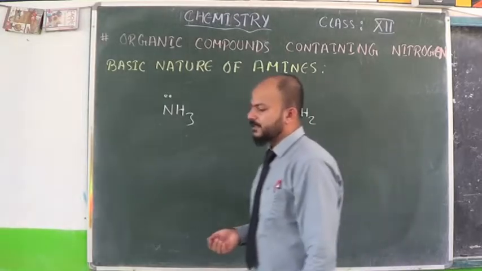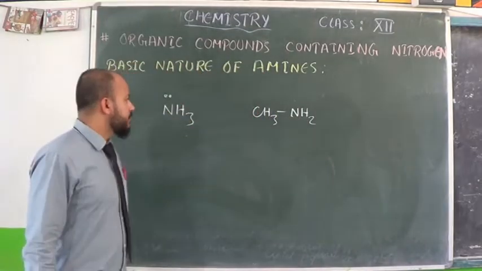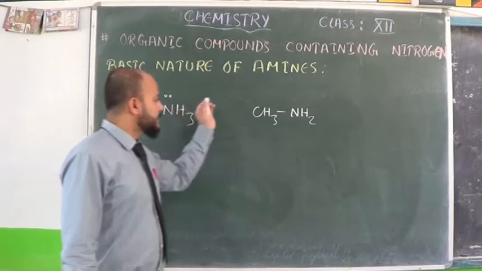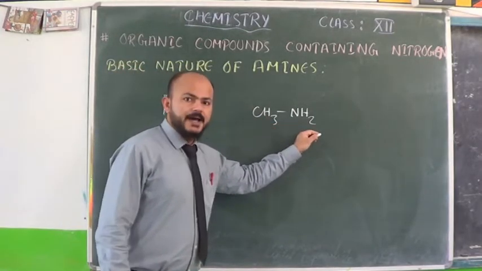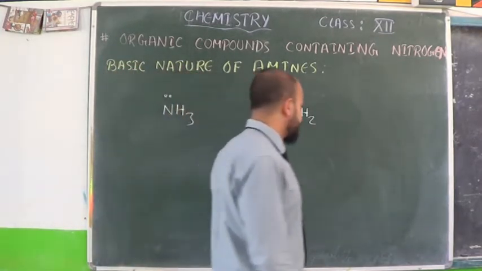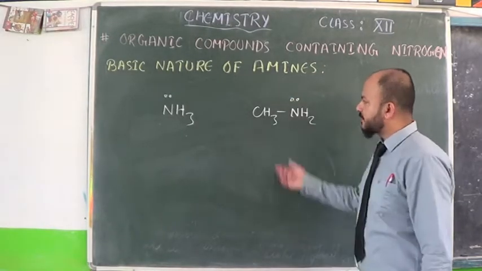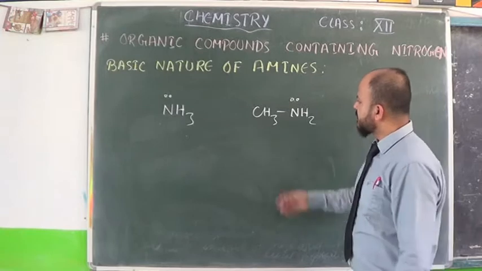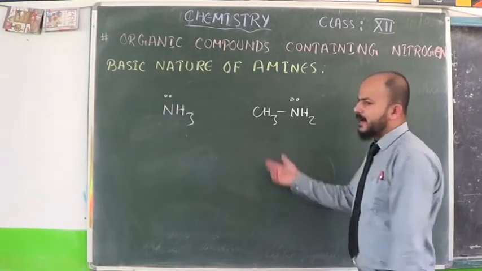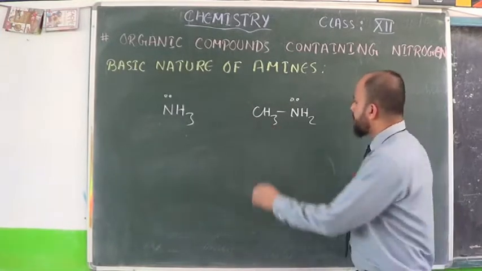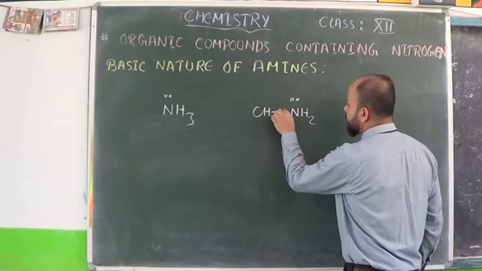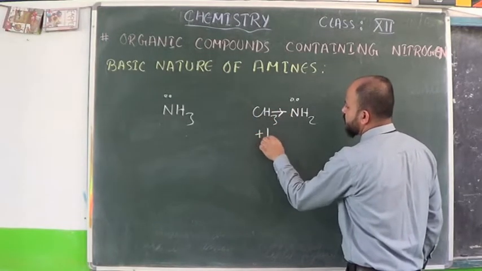Whenever you compare the basic strength of ammonia and aliphatic amine, you can see that in both cases you have a lone pair over nitrogen. But in the case of aliphatic amine, this CH3 group shows plus I effect.